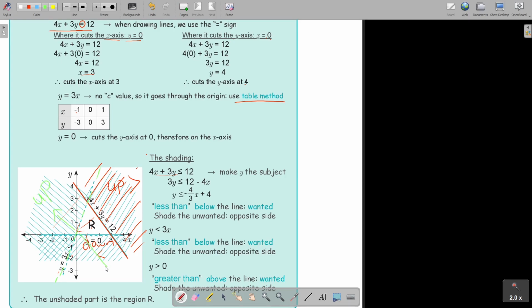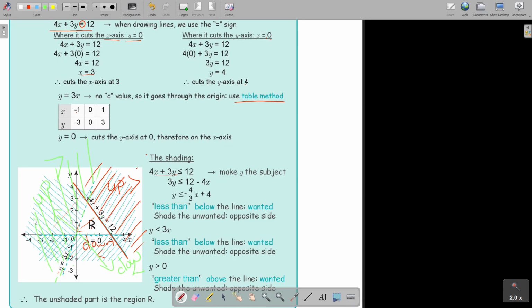If you look here, you will go down. And don't forget what I said. Up is bigger, down is smaller. So if I look, y is smaller. That's what I want. I want this one. I must not shade this one. I shade the one I don't want. Okay. Unwanted. I shade the unwanted.